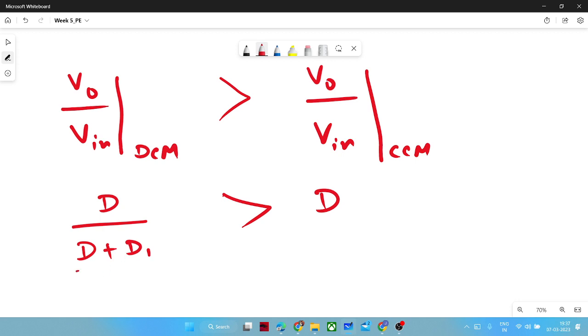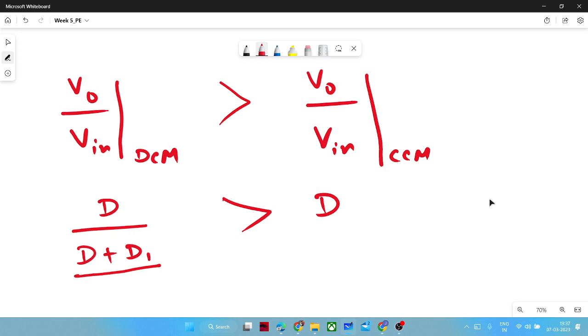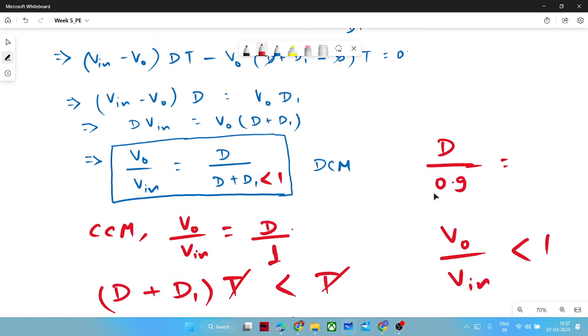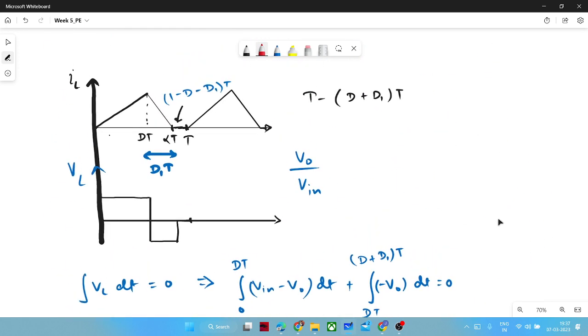The point is, the catch here is D plus D1. Let me show you the waveform once more. This is dT, this is D1T. This period is already written, and T is after that.